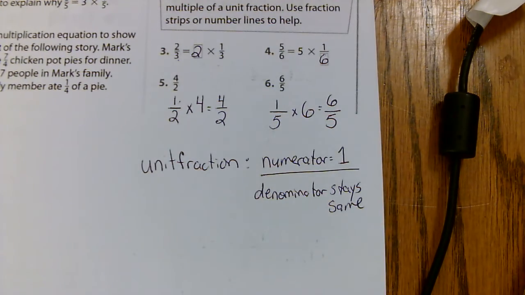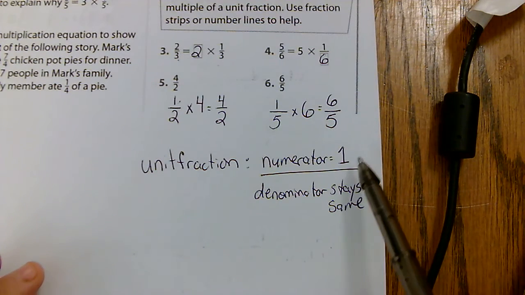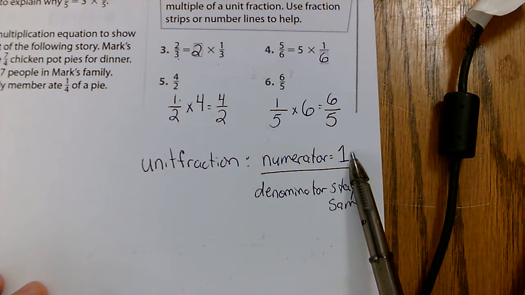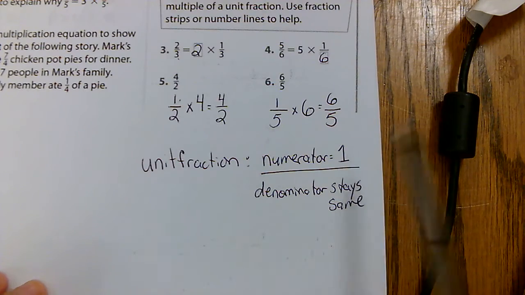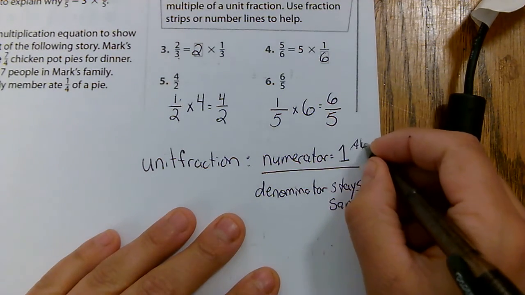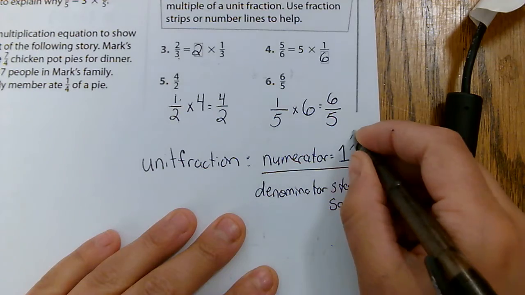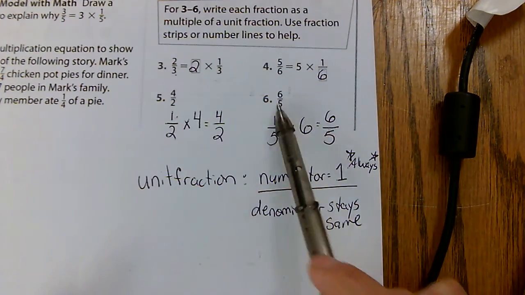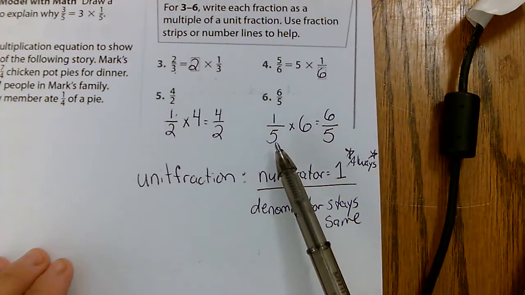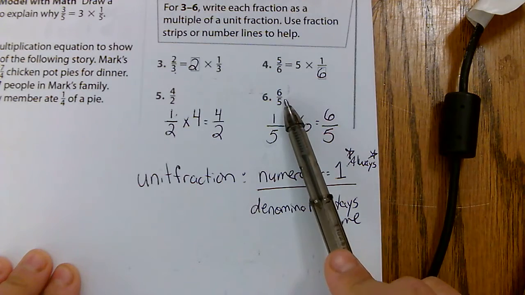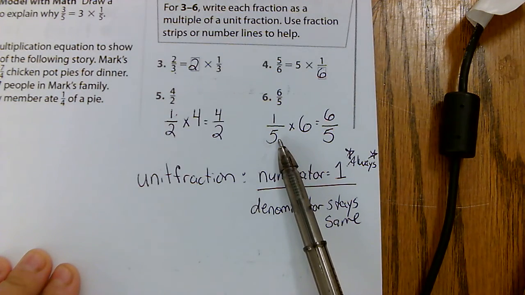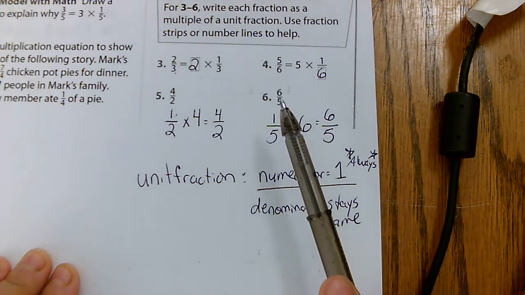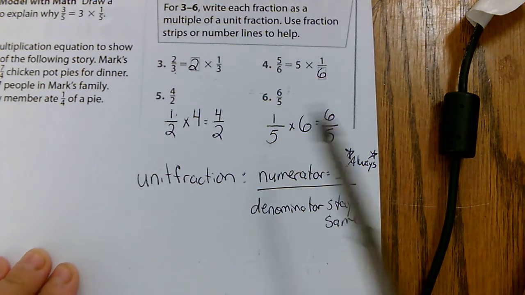So in case you're having trouble figuring out what is my unit fraction, this can help you. Numerator is always 1. Always, always, always. Let me write that in. Always 1. And the denominator will be the same. So when we did number 6, for example, the denominator stayed the same, 6/5, and 5ths, I have the denominator the same as 5, and my numerator is always 1.